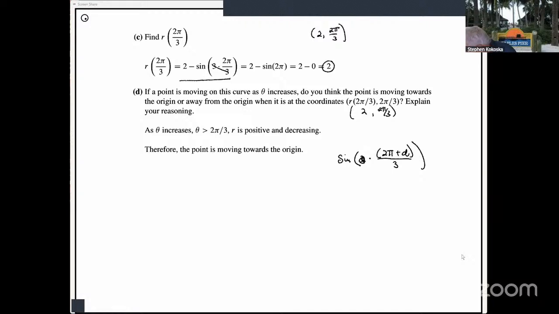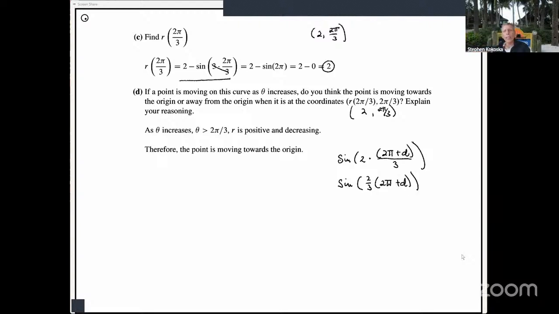I've got to make that a 3. I'm sorry, let me do a little bit of erasing here. I had to think carefully about that. My d is just a little bit of an increment, and I'm going to rewrite that. I took the sine of 3 times, 2 pi over 3 plus a little bit. And I thought about that.